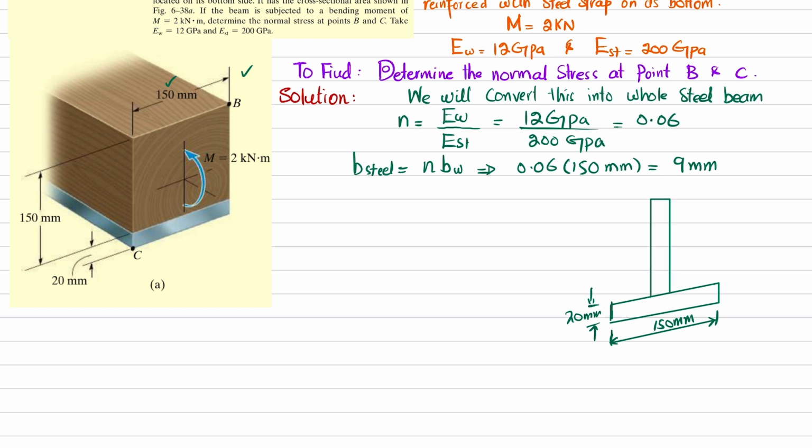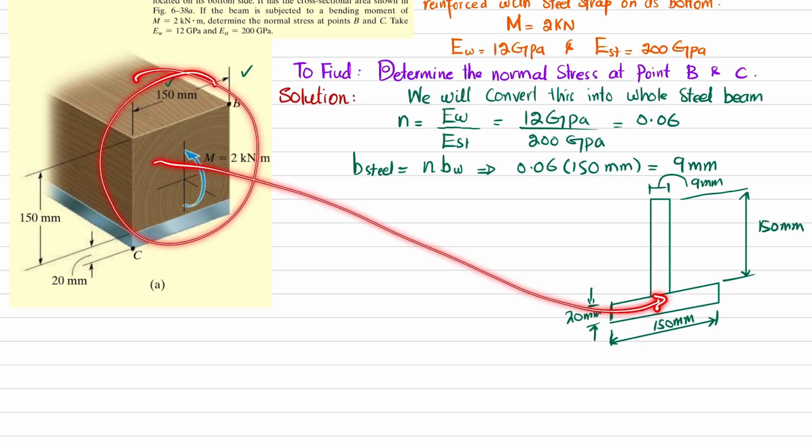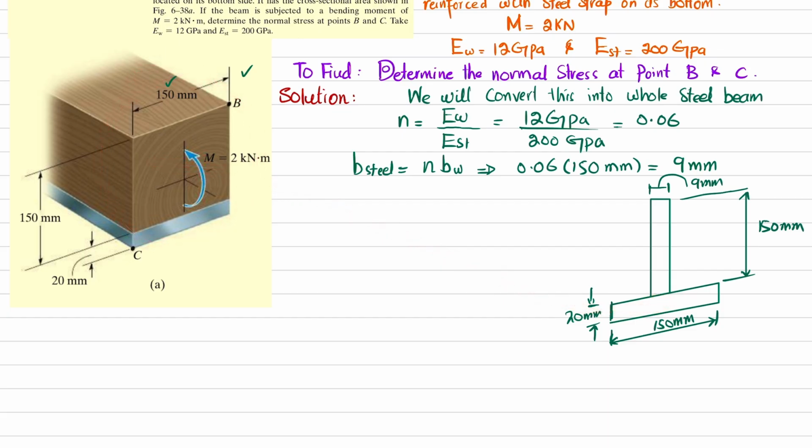This width will be 9 millimeter, and this height will be 150. So what we have done is that we have converted this composite beam into a beam that is made up of purely steel. So I can write it as steel beam.